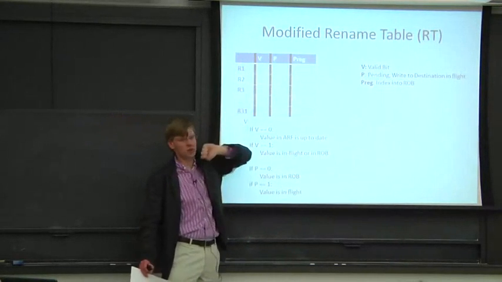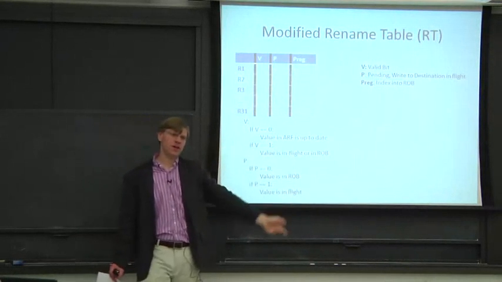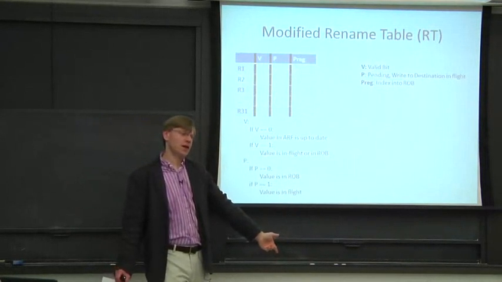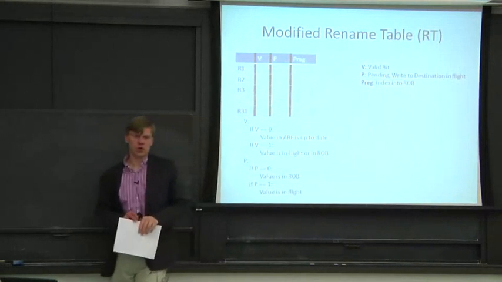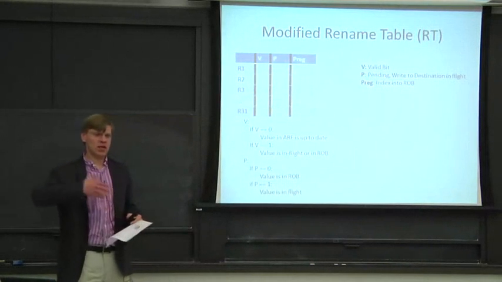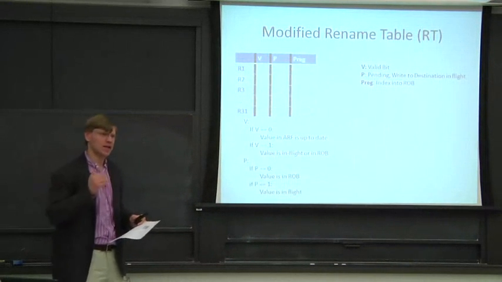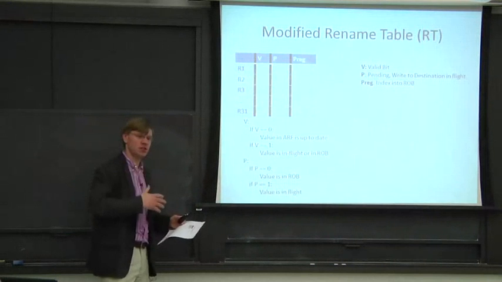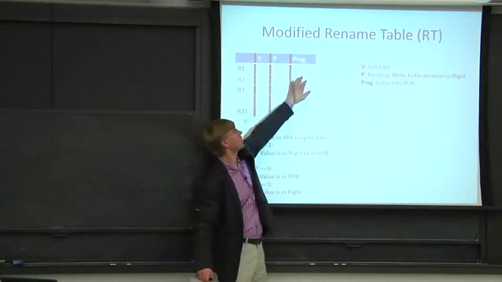There's a couple different places where it's going to tell us to go look for it. It's going to tell us either it's in flight, and it's going to put the identifier into the reorder buffer. So it's going to say when that value gets into the reorder buffer and the instruction transitions to finish, but maybe not yet committed, it's going to tell us where to go get it.